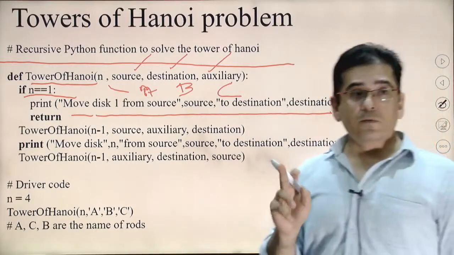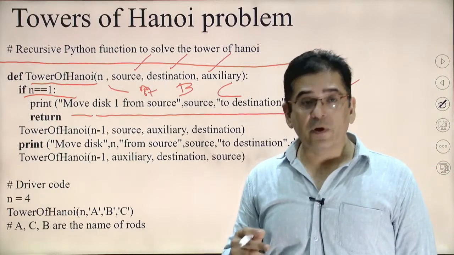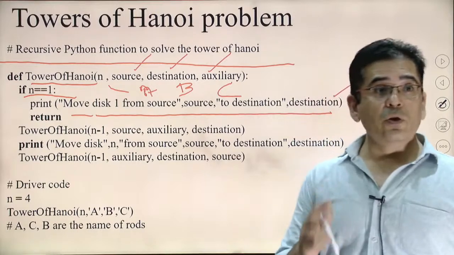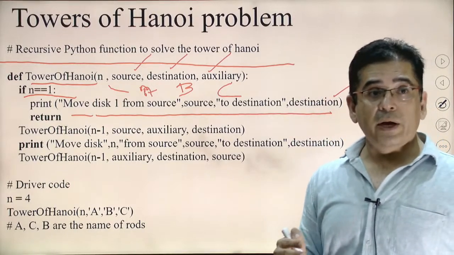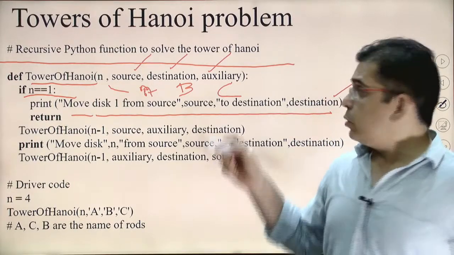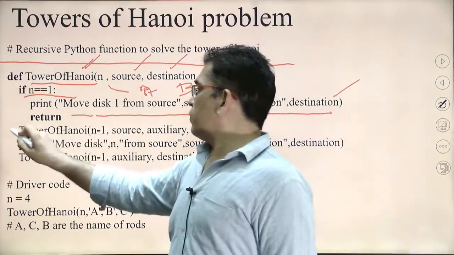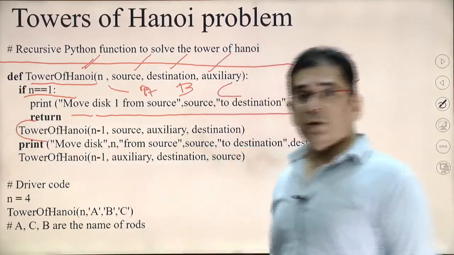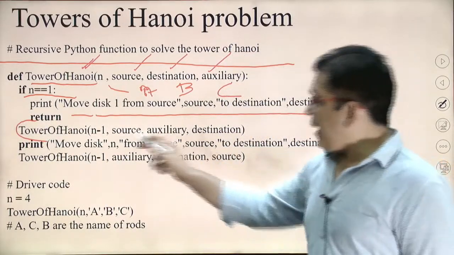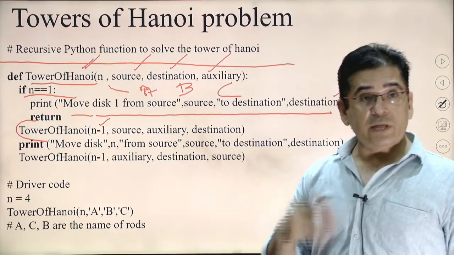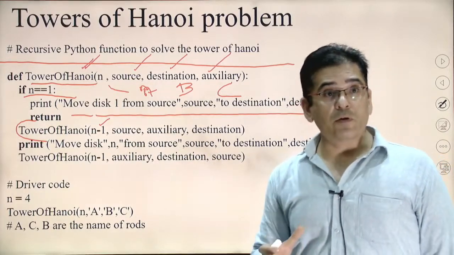If this condition fails, it means you have more than 1 disk, either 2 disks or 3 disks. Then you need to remember the number of steps required. The recursive call to the Tower of Hanoi function will be done here. This is our Tower of Hanoi function, with n-1. You now just need to do the swapping part, which is actually the logic of Tower of Hanoi.